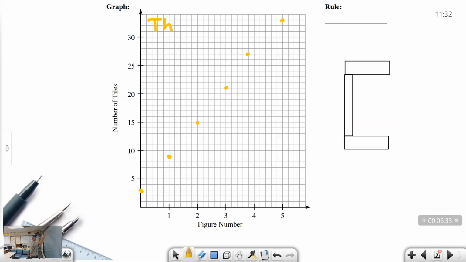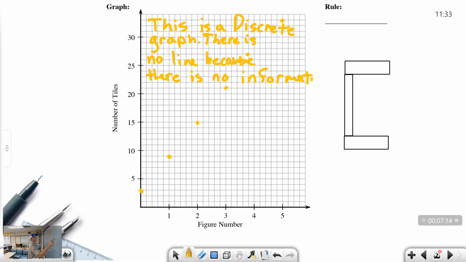This is a discrete graph. Period. There is no line, because there is no information between the dots.